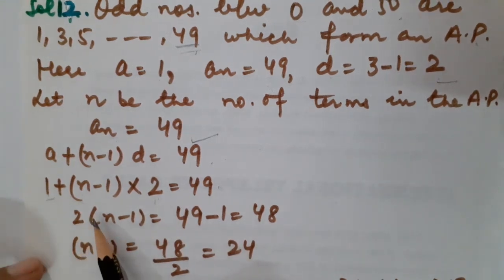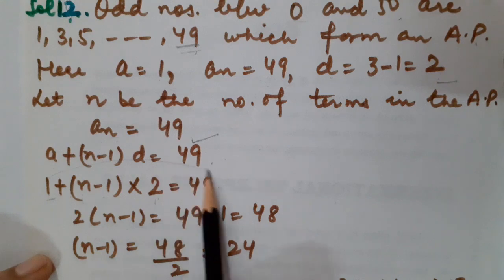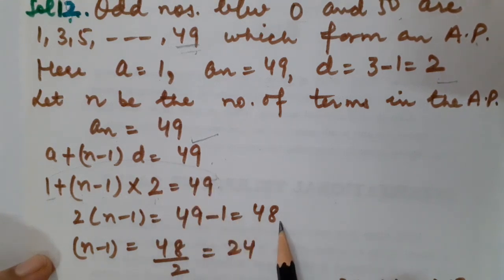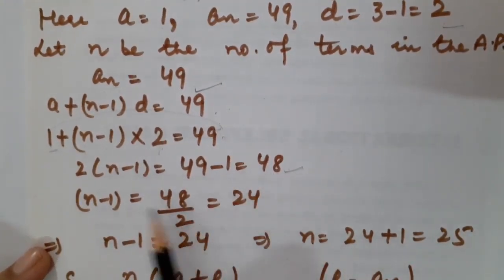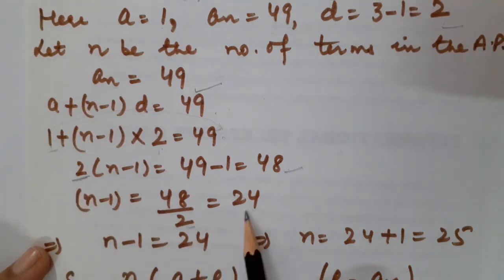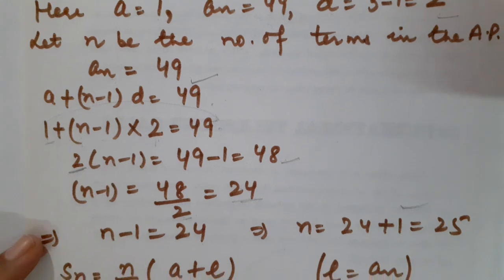So that is 2 into (n minus 1) is equal to 49, and this plus 1 will go to the right hand side. It would become minus 1. So 49 minus 1 is equal to 48. Fine. n minus 1 is equal to 48 upon 2, this 2 will be divided, is equal to 24. So what is n? n is equal to 25.